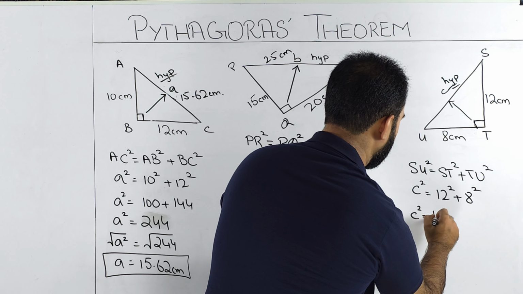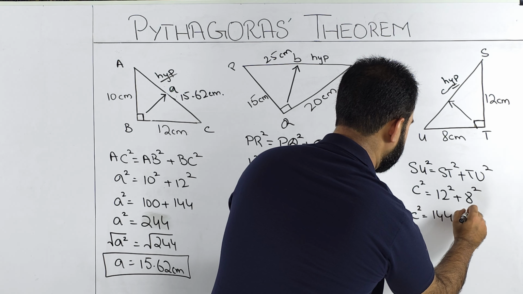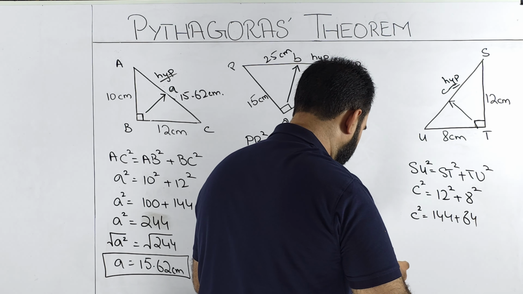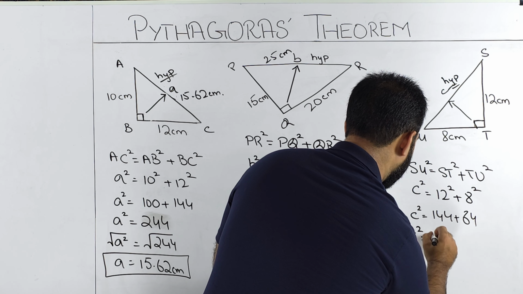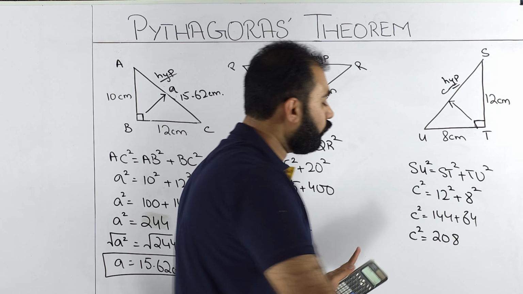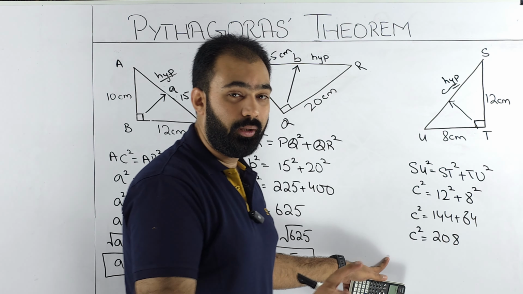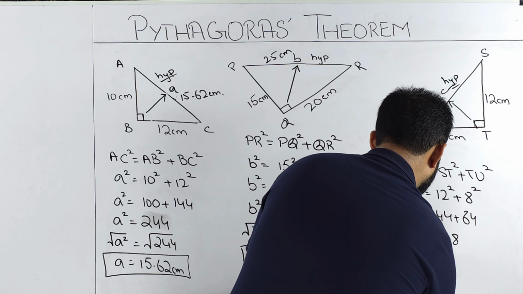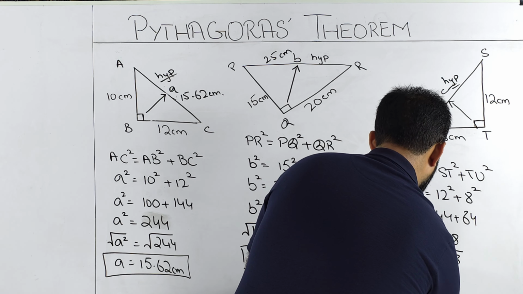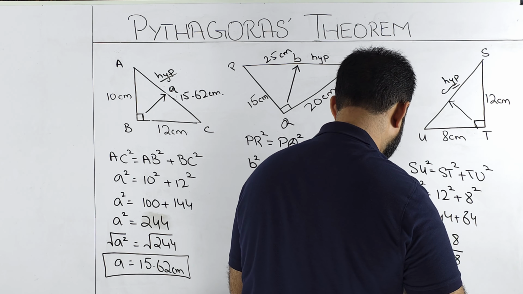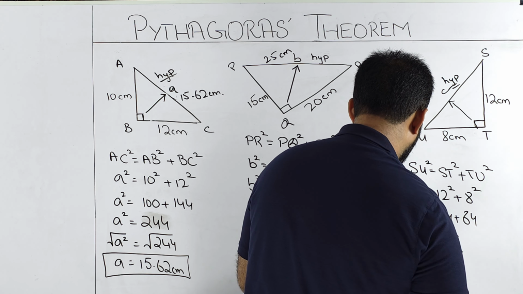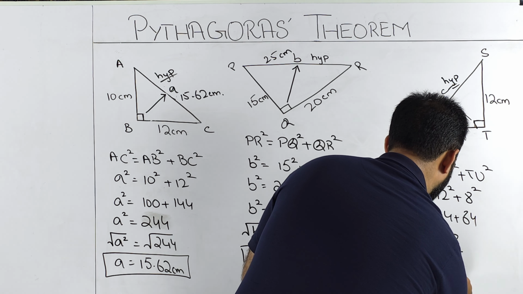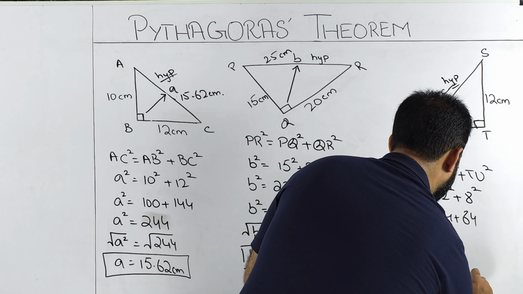Again, C square is equals to 144 plus 64. That makes it 144 plus 64 is 208. Now, in order to find out the value of C, I need to apply square root on both sides. So, we get the value of C as 14.42 centimeter.